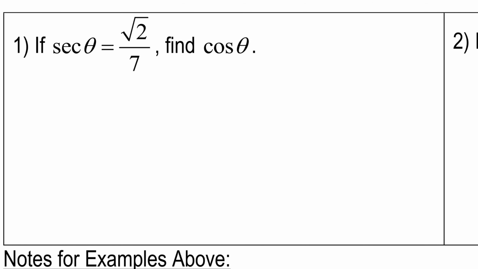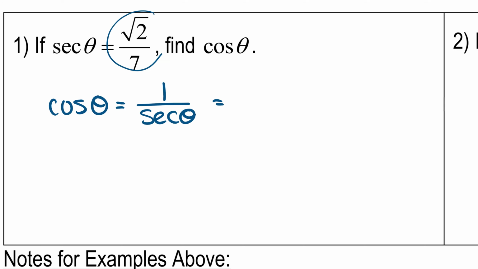I'm going to show my work just so you know what I'm doing. So we have cosine theta, that's what I want, is 1 over secant theta. So I take my secant theta right here, square root of 2 over 7, I flip it. 7 divided by square root of 2.